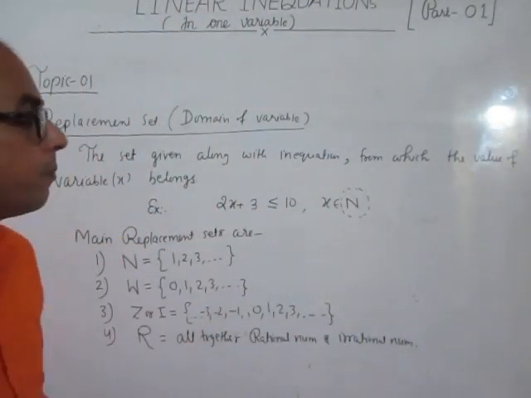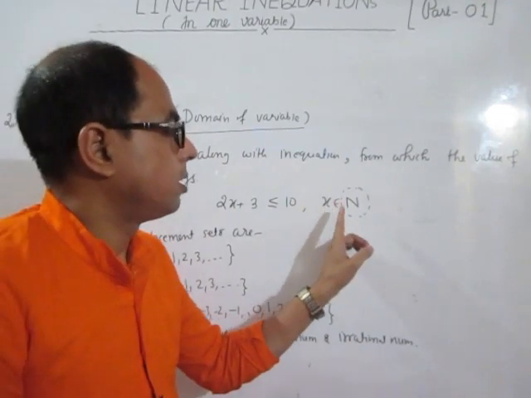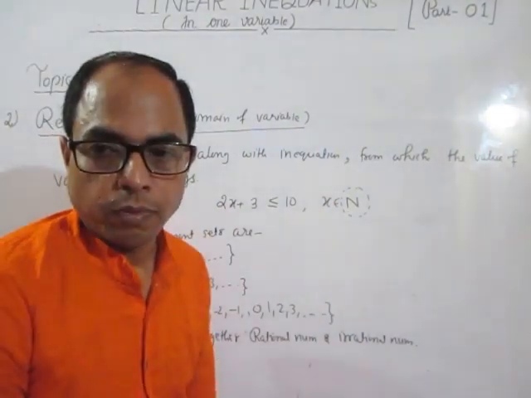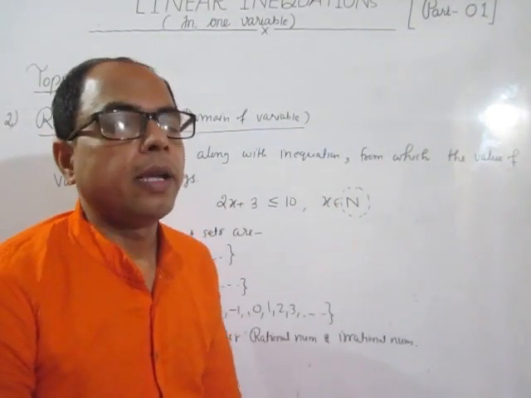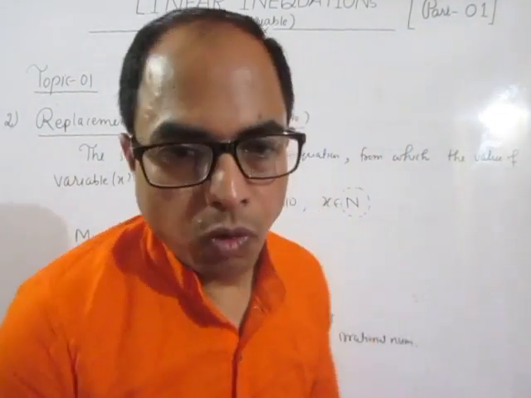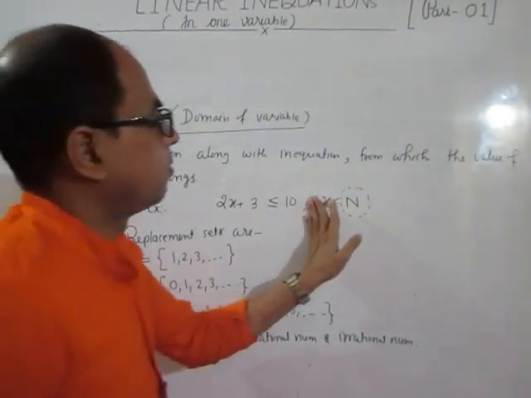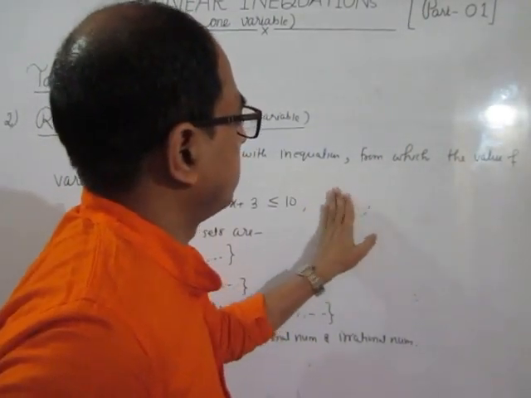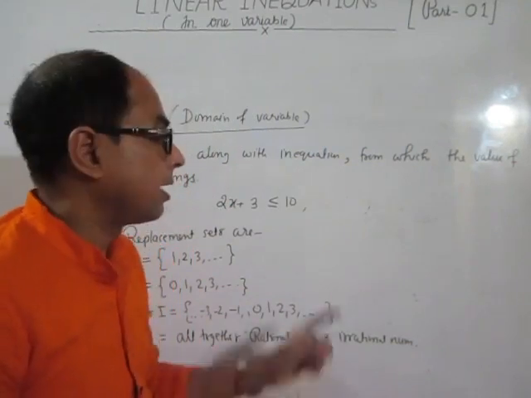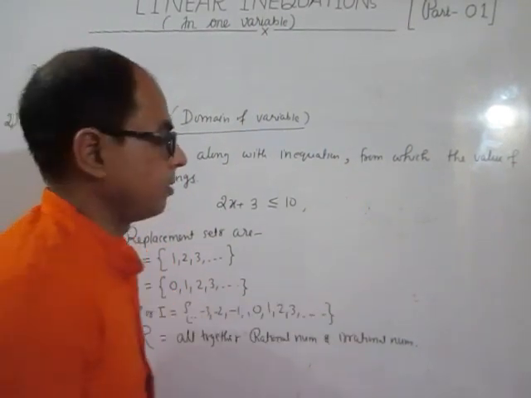Again I am repeating. In most questions the replacement set will be given to you. If it is not given, then by default you have to take the set of real numbers.